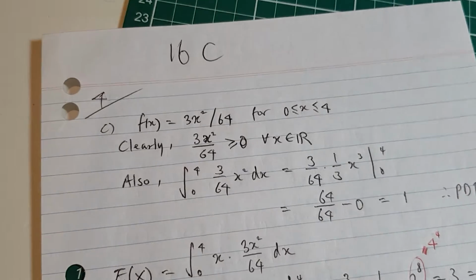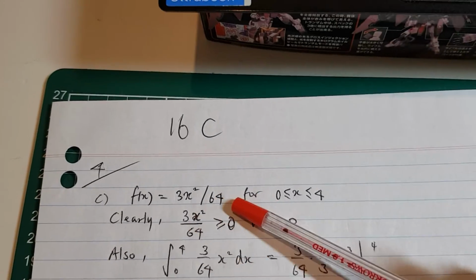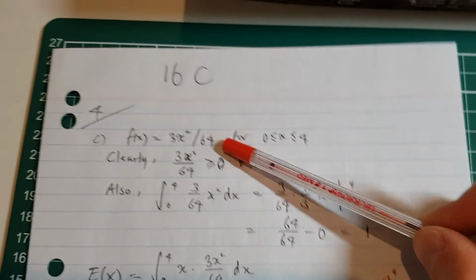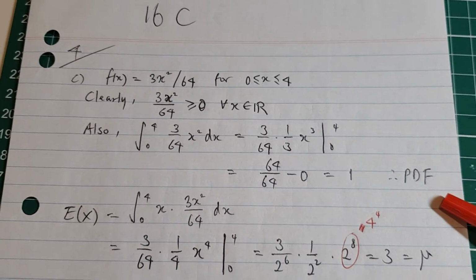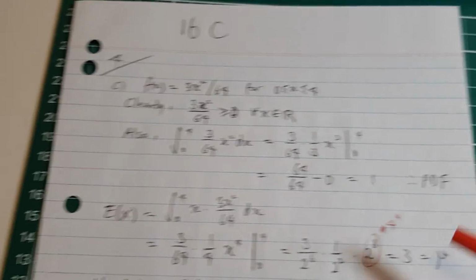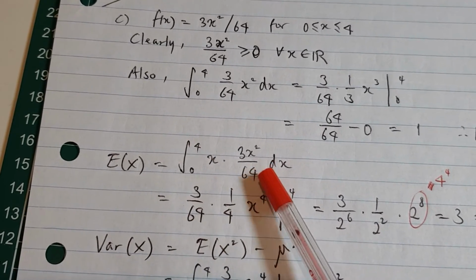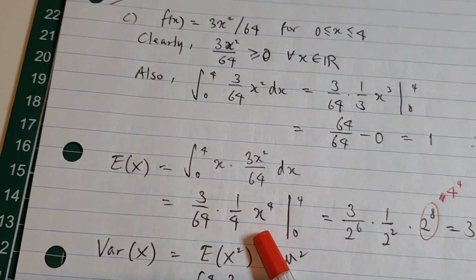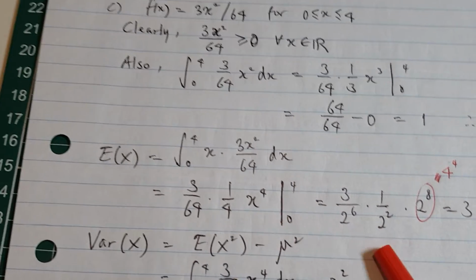Okay, so last one of question 4C. This time it's a quadratic frequency function. And as usual, that's a PDF exercise. Expected value, that's x times 3x squared on 64. So calculated that one like so, evaluated from 0 to 4.